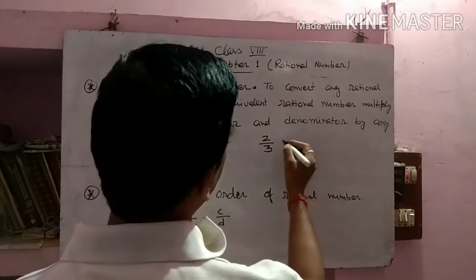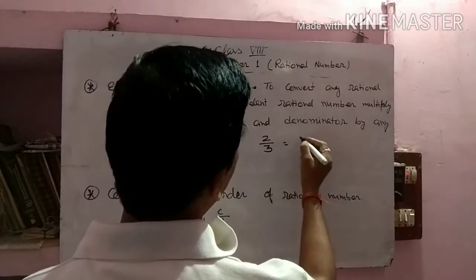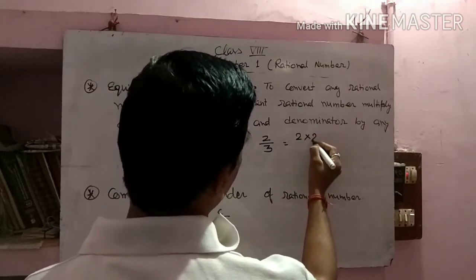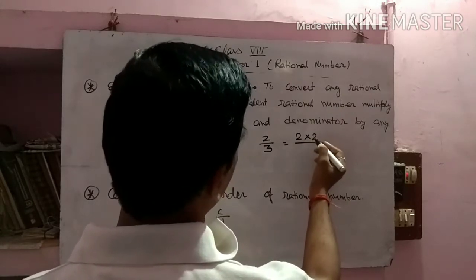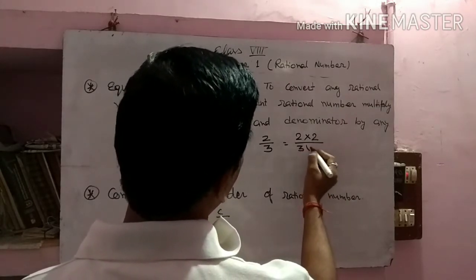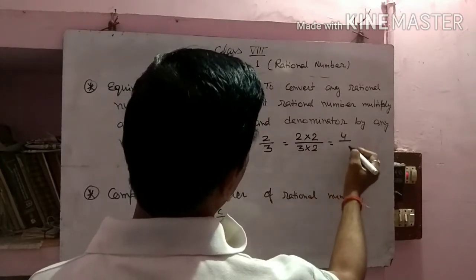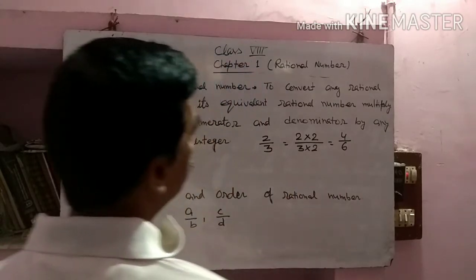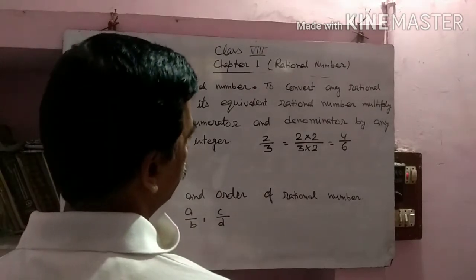We have to write its equivalent rational number. If you multiply the numerator and denominator by a common integer, the value remains unchanged. So 4 by 6 is the equivalent rational number of 2 by 3.